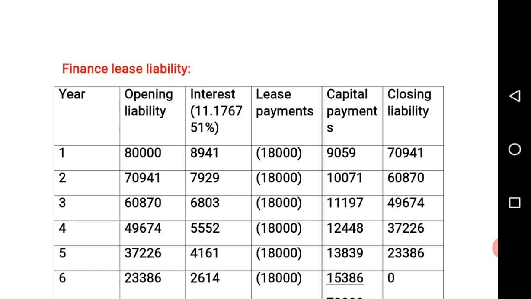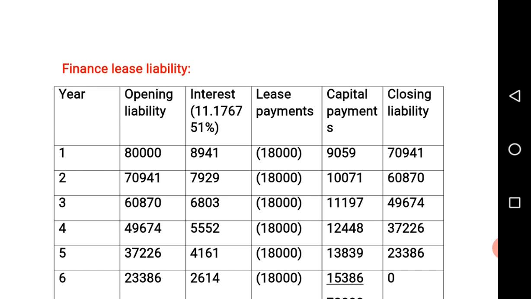Then the lease payment remains constant yearly. The previous example gave us 1 million naira yearly. This example has 18,000 naira yearly. We would write it down. So after getting that, how did we get the capital payments? Now, as we said before, there's a capital payment in each lease payment, and there is also the interest part, which is the gain to the lessor.